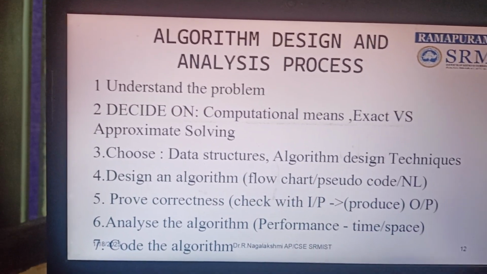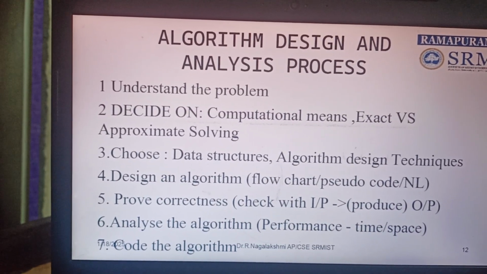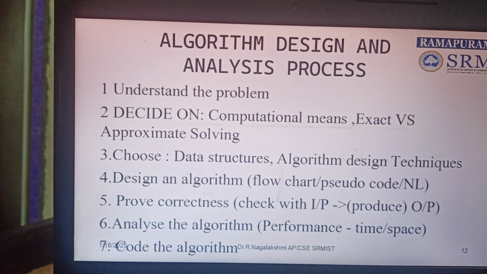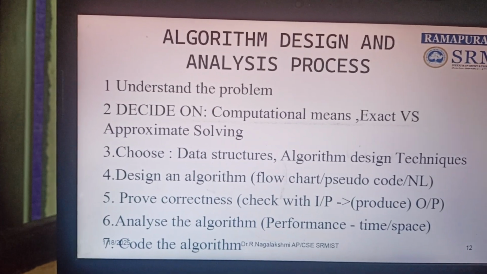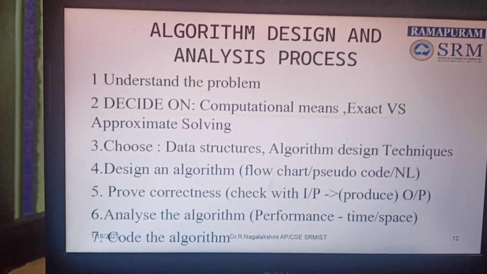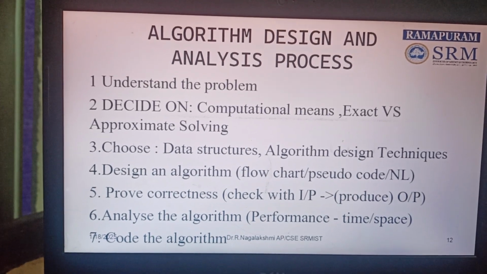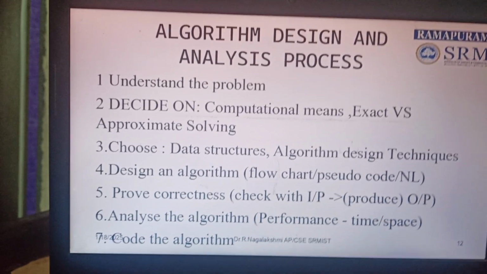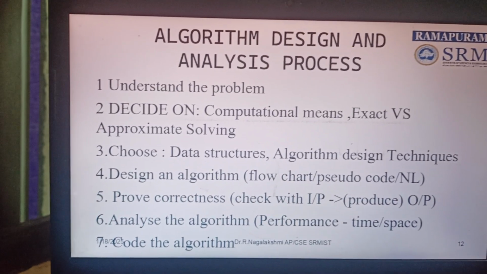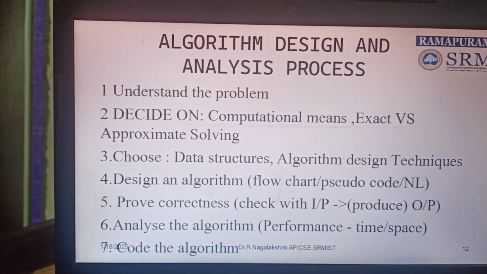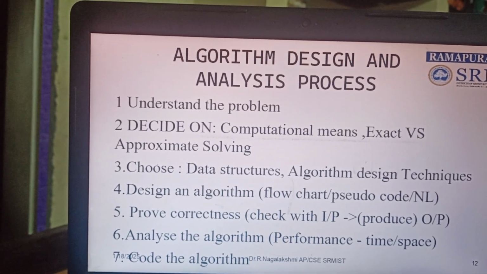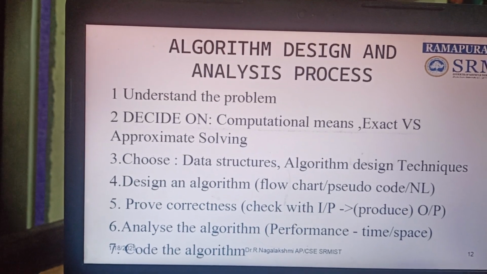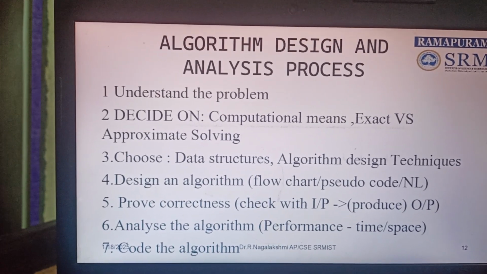You have a certain list of questions and you have to know the answers: what to do, how to do it, what output will be achieved, the goal of the problem. Everything should be defined clearly. Next is to decide whether my problem is solvable, that is, whether it gives the exact result or may give an approximate result. That should be defined clearly.